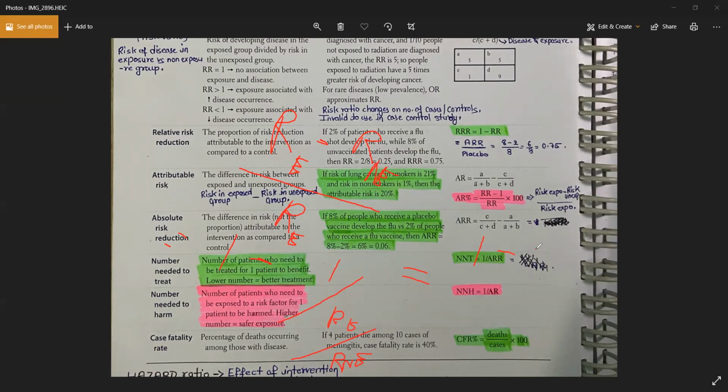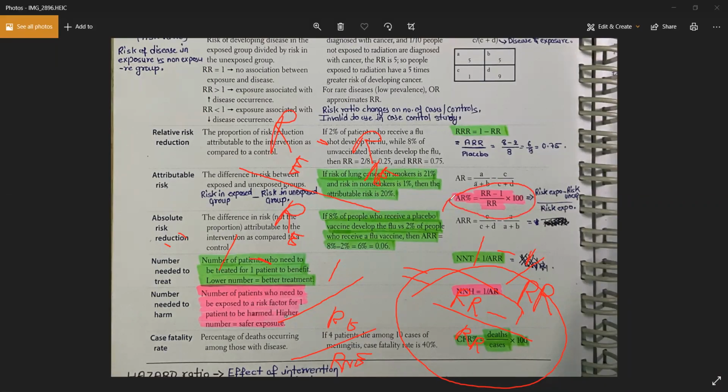Relative risk. So I will get 1 upon my relative risk, right? And if I go back again and write it like this, is it right? Yes. Okay, so that's how you get the attributable risk percentage.